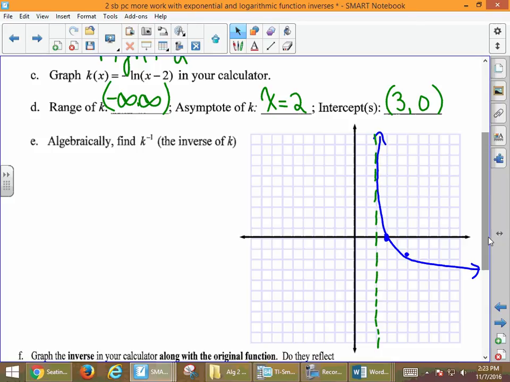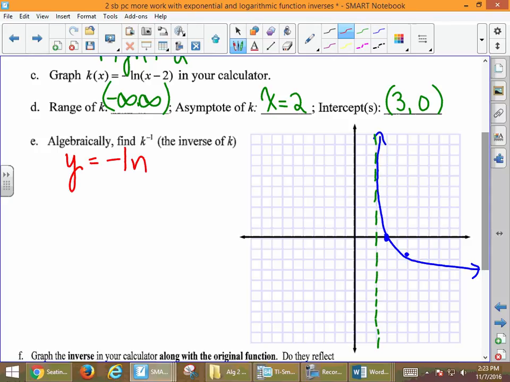When we take a look now at our function, which is y equals negative the natural log of x minus 2, what we need to know about a natural logarithm is that the base of it is e. If nothing's written and it's understood, if you look at your calculator button, it coincides.